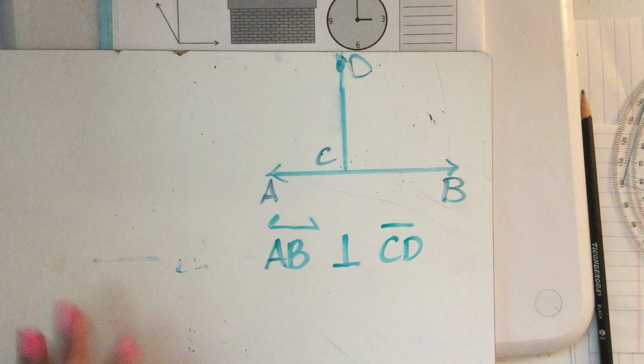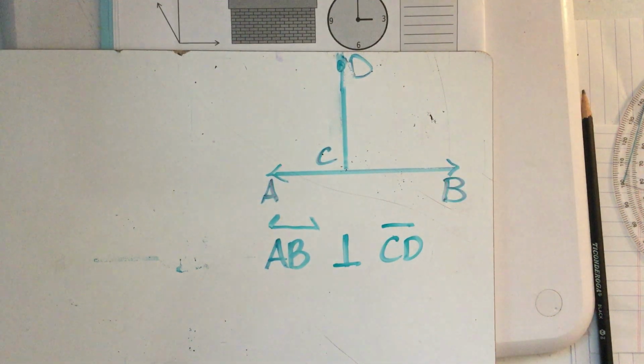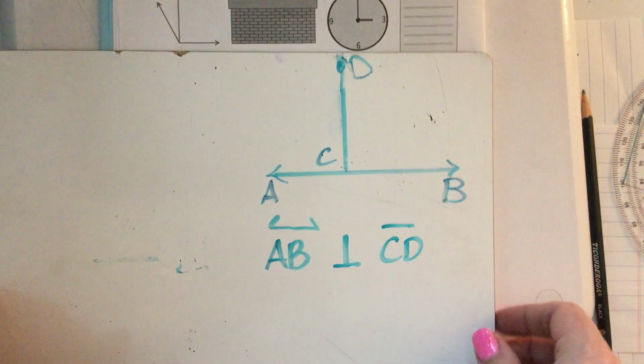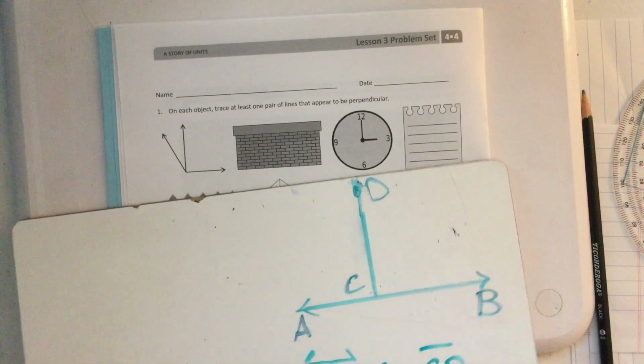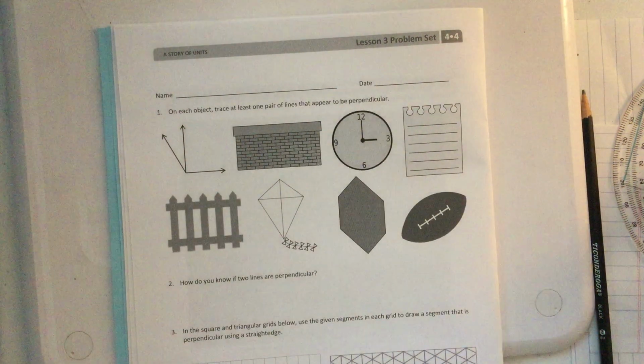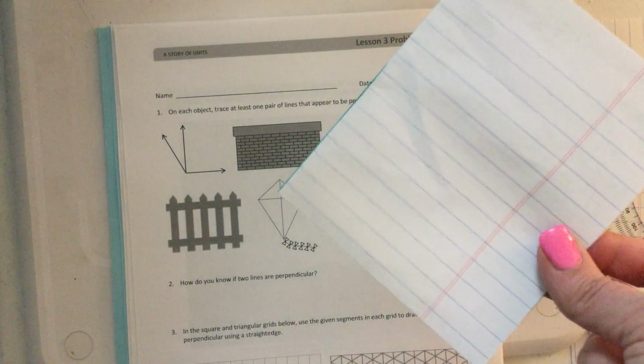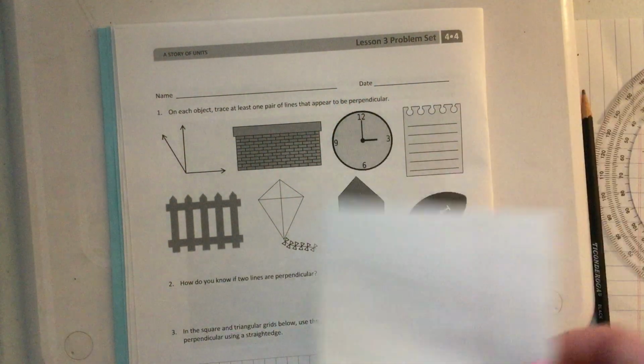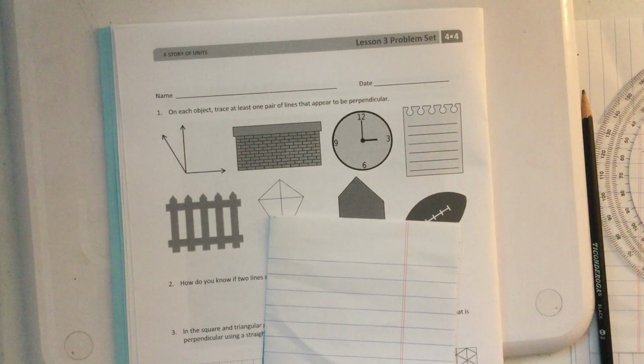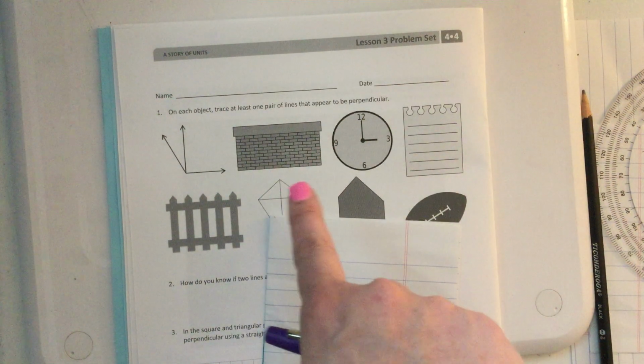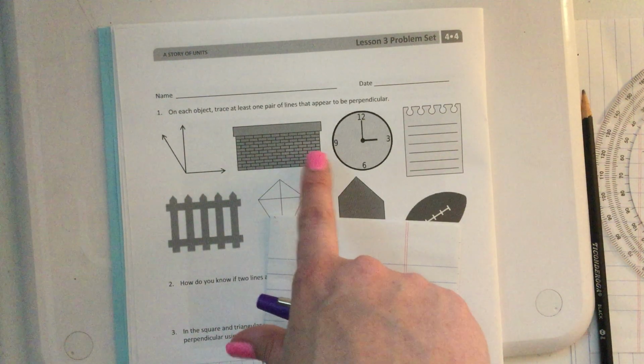Okay, so the way that you are going to find out whether things are perpendicular in your practice book, not your notebook, is by using your 90-degree tool. Okay, so you're going to start off, and a lot of these tracing things are really hard to do with a pencil.